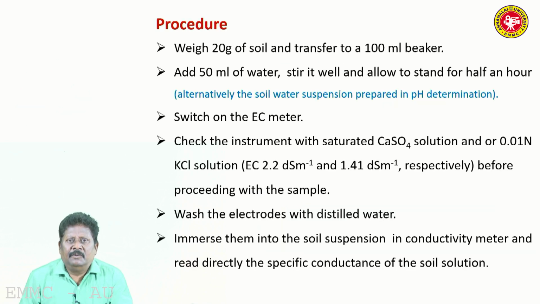The procedure to find out the electrical conductivity: weigh 20 gram of soil and transfer to a 100 ml beaker, add 50 ml of distilled water, stir with a glass rod and allow to stand for half an hour. Alternatively, you can use the same soil water extract which was used for the determination of pH.